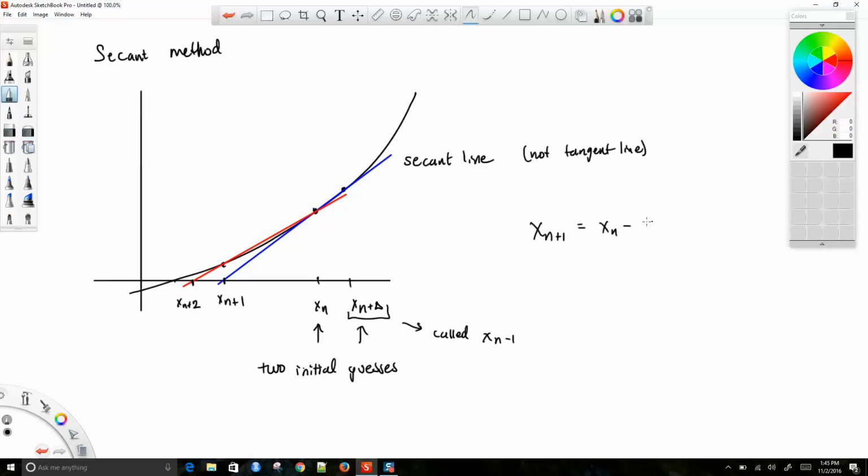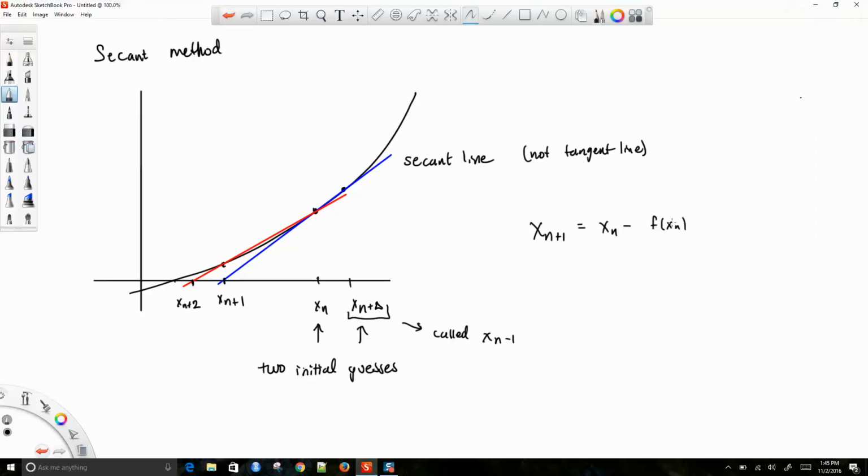We take f of x sub n, and then we're multiplying it basically by the slope of the secant line, and that ends up being x sub n, the difference between the two x's over the rise, so the inverse of the slope, I guess. And that's the secant method.